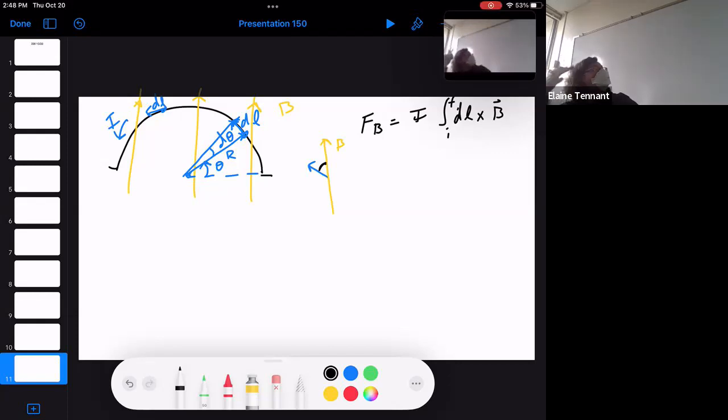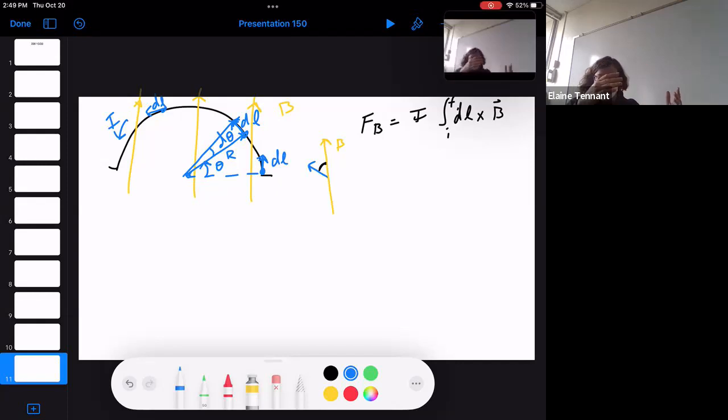So let's take a few easy guesses. Down here at this spot, my angle theta is 0, right? What's the angle between this dl and B? No answer. If my dl is pointed this way and my B is pointed this way, what's the angle between those two vectors? 0.